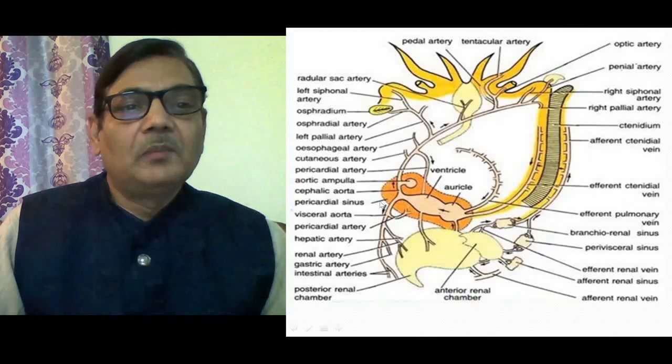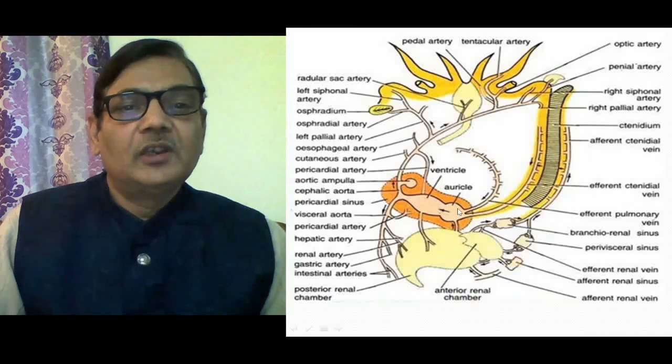This is a membranous structure which surrounds the heart, and pericardial fluid is present between the outer membrane of the pericardium and the heart. So this heart is a muscular structure, and there is a single auricle and a single ventricle.